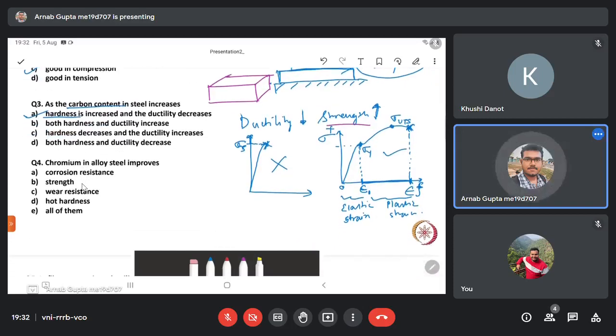Chromium in alloy steel improves what properties? It improves corrosion resistance. That's why in stainless steel we have added chromium, right? In cooking utensils, and in surgical instruments, you will find stainless steel used extensively. Why do we use stainless steel? Because it is corrosion resistant.